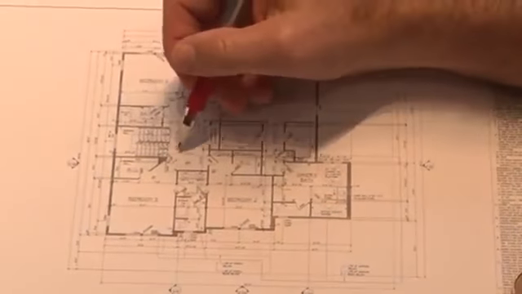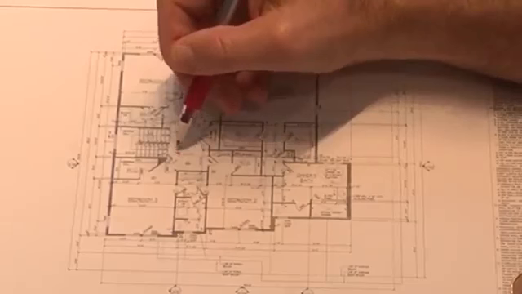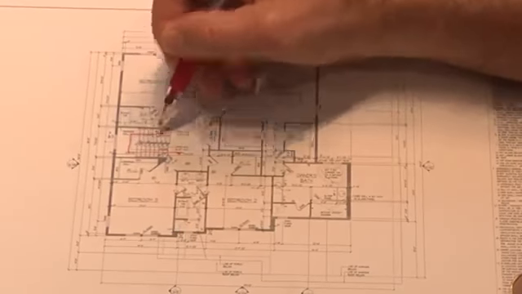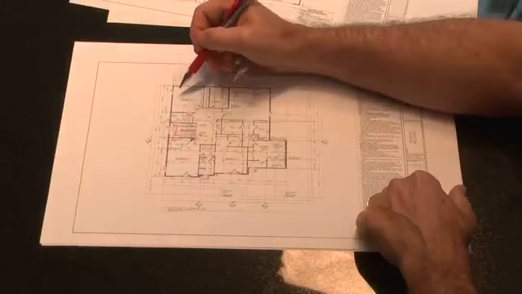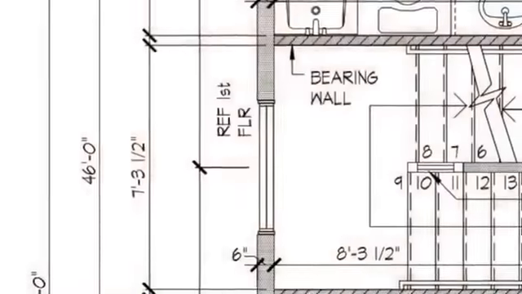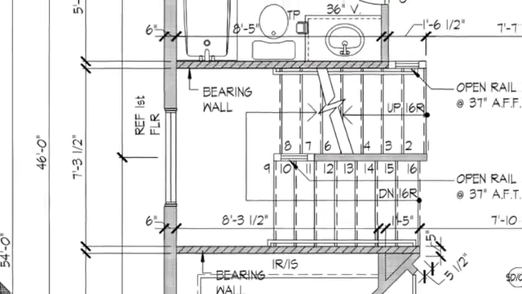So we're going to land at the second floor here. Okay, so for the second floor, if we wanted to go downstairs, we would travel in this direction. In this plan, we have a large picture window in the stairwell providing natural light to the upstairs hallway.